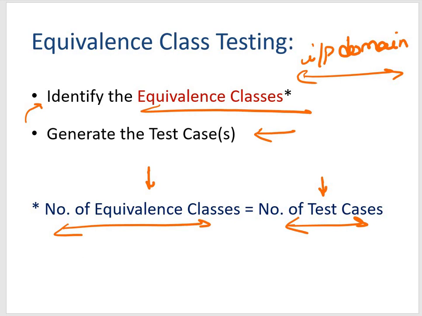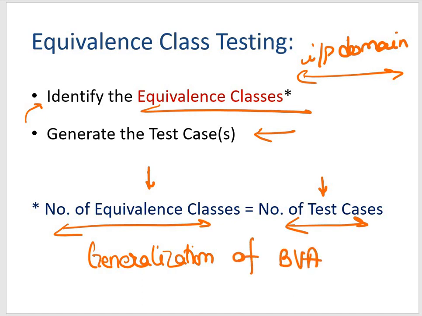So in this testing, based on the number of equivalence classes, I will come up with the number of test cases which we will fire, and I will generate the test cases. So in some sense we can say it is the generalization of your boundary value analysis problem.